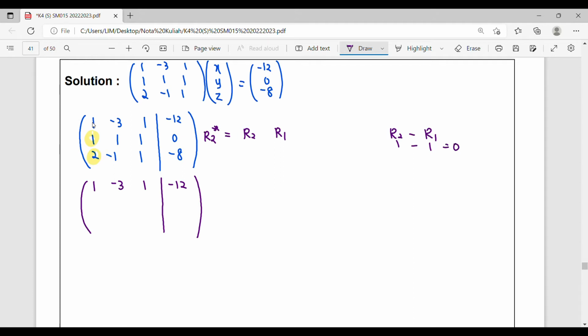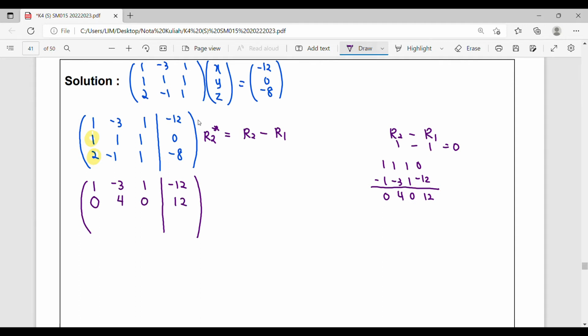So the operation here will be row 2 minus row 1. Row 2 is 1, 1, 1, 0. Row 1 is 1, -3, 1, -12. So we subtract, and we get 0, 4, 0, 12. So our new row 2 result is 0, 4, 0, 12.